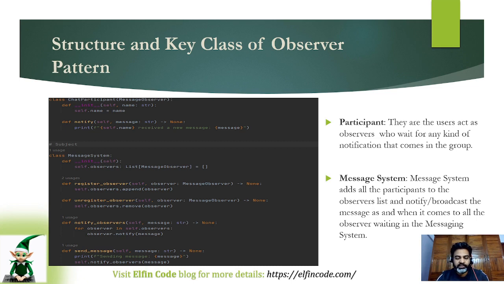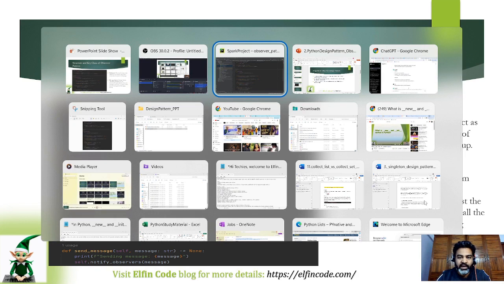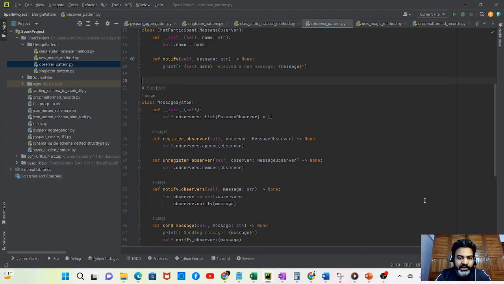Now we will check the practical part of this observer pattern and see how we have implemented it. As I was saying, I've taken the example of a messaging system. We have different observers, and these observers are nothing but chat participants. Whenever a chat participant asks to join as an observer, he creates an object of the chat participant.